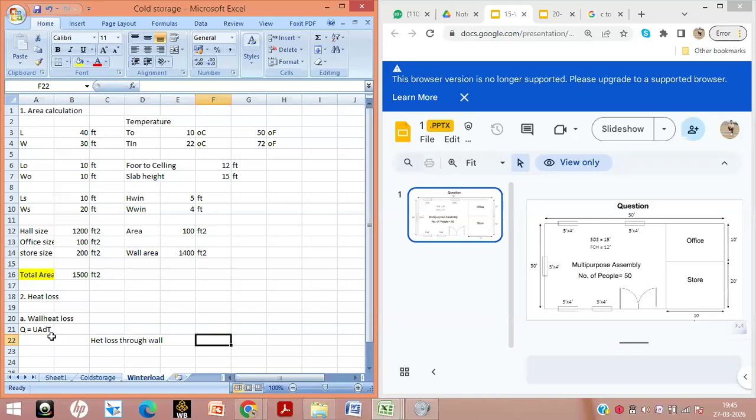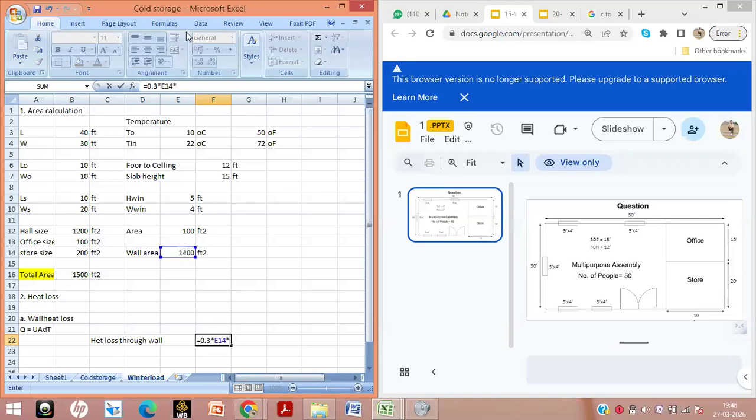Okay, so let's consider U, overall heat transfer coefficient for wall, is 0.3, which we already calculated, using our previous method of how we can calculate the U. So now it comes to 0.3 times the wall area times delta T.